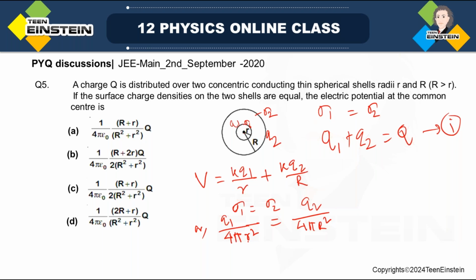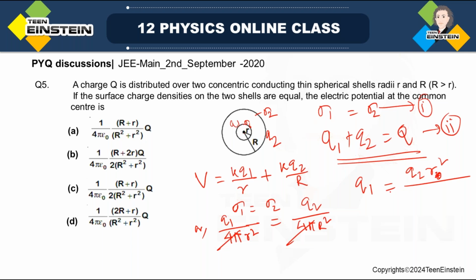This is one equation, and this is equation 2. See, from here if I find Q1, in terms of Q2, I can write that Q1 is equal to Q2 into small r square divided by capital R square from here.